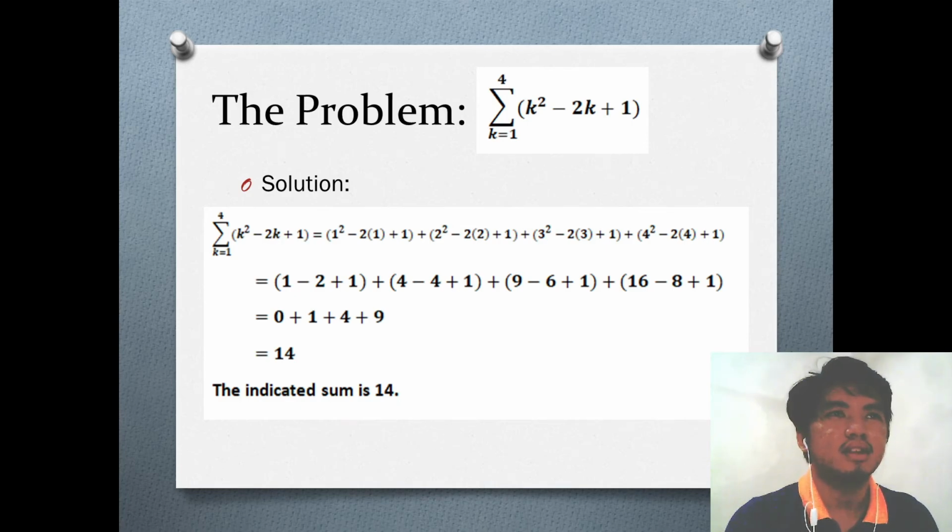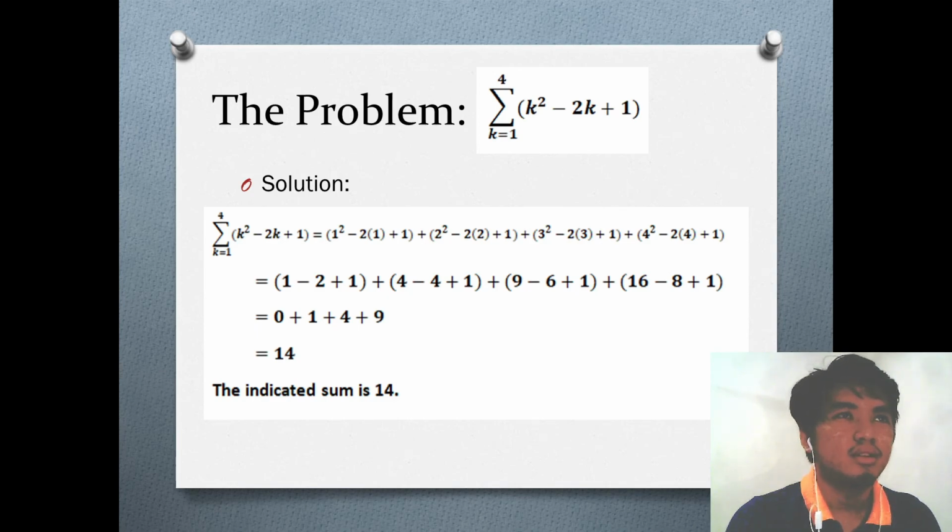So first we're gonna simplify the numbers which have the exponent. So 1 to the power of 2 is 1, 2 to the power of 2 is 4, 3 to the power of 2 is 9, 4 to the power of 2 is 16. And second, we will multiply the middle term.